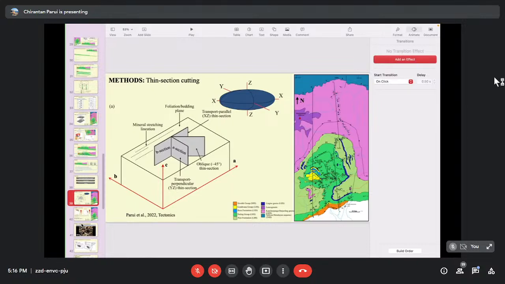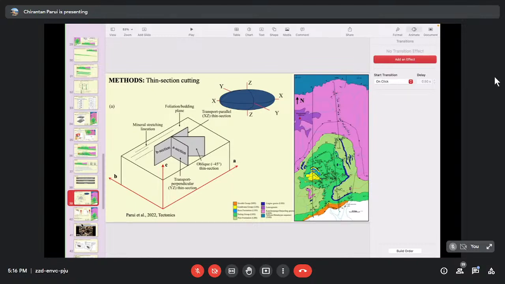What happened is that when India was coming to collide, only the Tethyan Himalayan sequence part detached from the GHS, and the rest of India created an ocean, and first it collided with Asia.